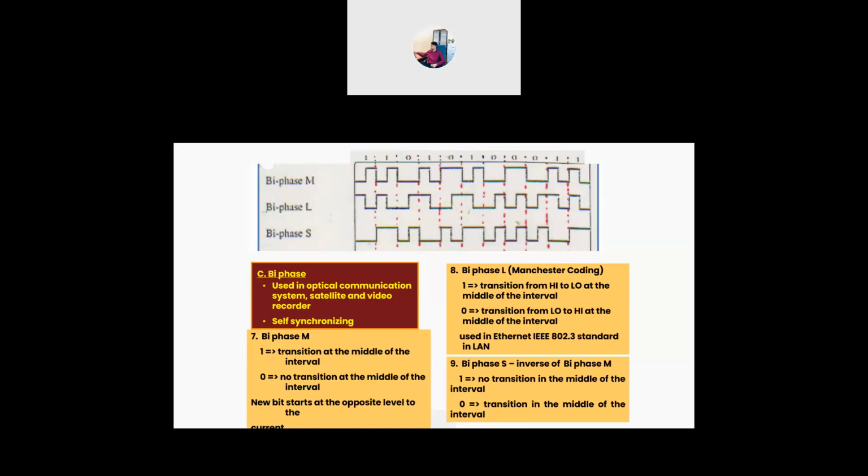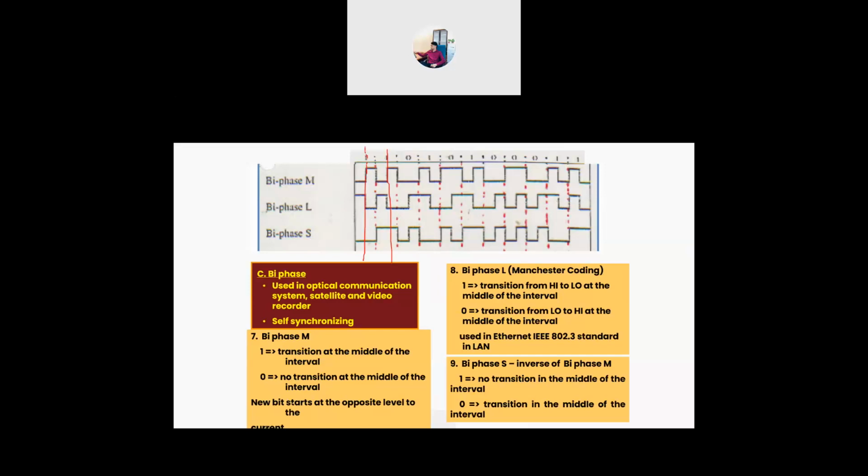Biphase M has a transition at the middle of the interval. So you see you have a transition at the middle of the interval. This is all the middle. For biphase M, you're going to have a transition at the middle for bit 1, and for the 0, you don't have a transition at the middle of the interval.